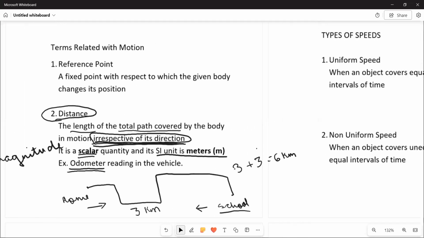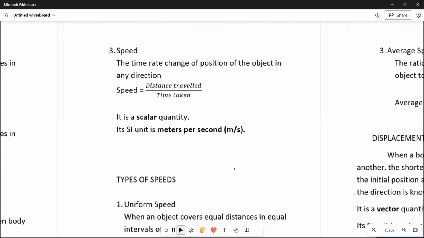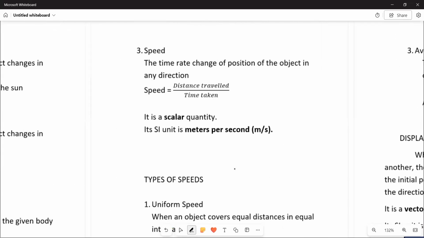Okay, so now we'll move on to the next part of our topic, which is the speed. So speed is in how much time an object changes its position, means how fast it is, how slow it is. We measure it using the word speed. How fast or slow an object moves is given using its speed.